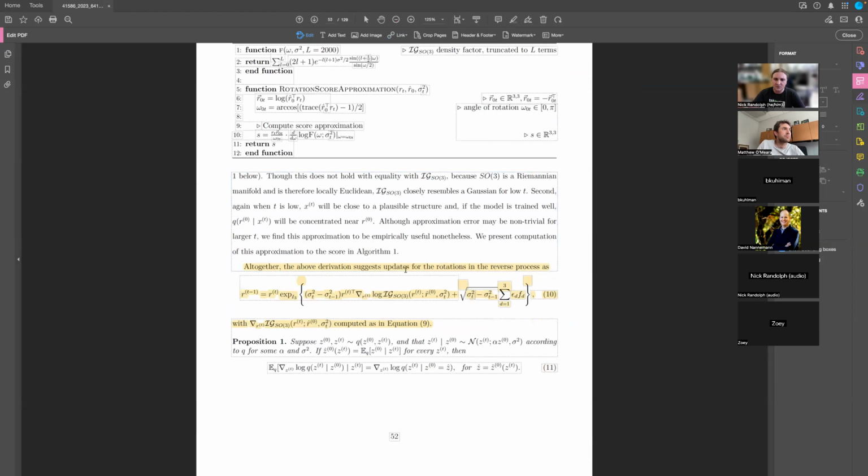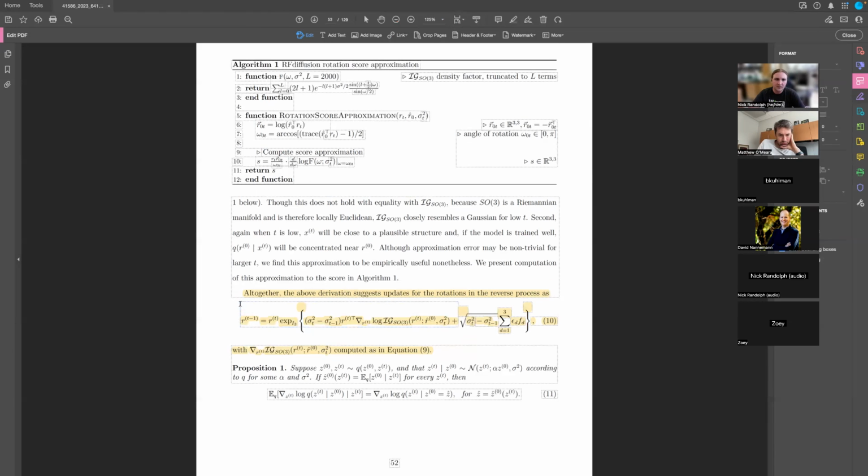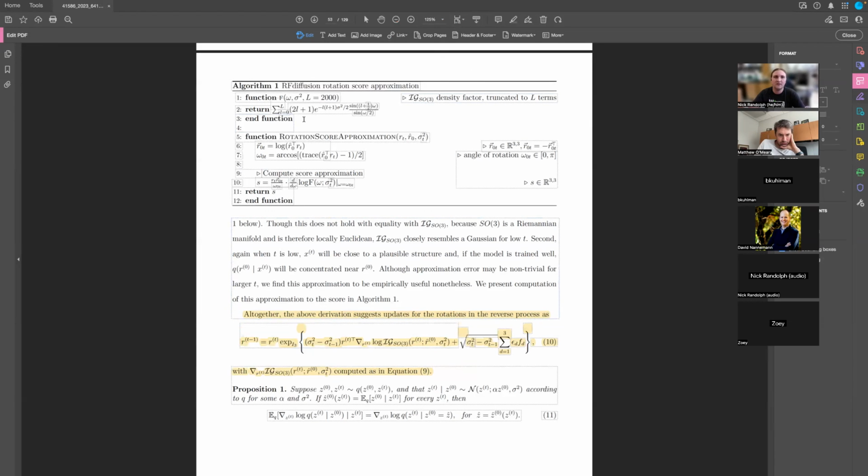The way to actually do the rotations in the reverse process is you take the step in the direction, and then you just rotate it. You rotate what you were previously at by this extra rotation, this step you're making, and then you get your slightly denoised structure.